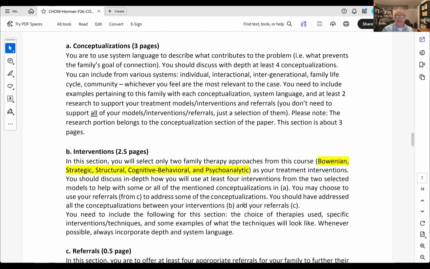I am going to ask you to select only 2 family therapy approaches from this course. We will be looking at 5: Bowenian, strategic, structural, CBT, and psychoanalytic.